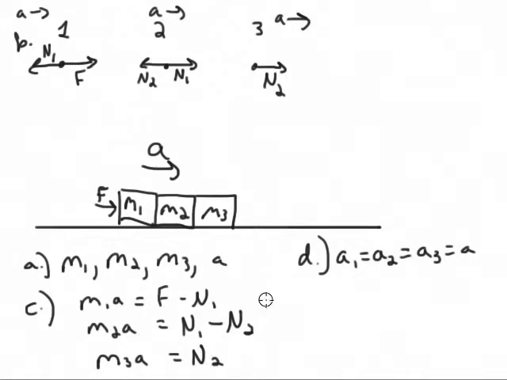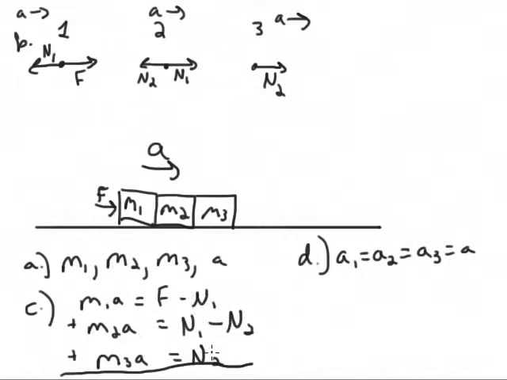So the next thing is part E wants to know what the external force F is. So what we can do is we can just simply add all of these up. So this F is going to stay there. We have a minus N1 and a positive N1 here, so those are going to cancel.